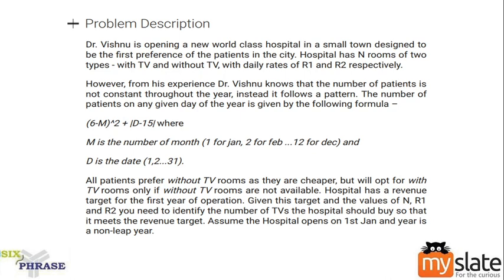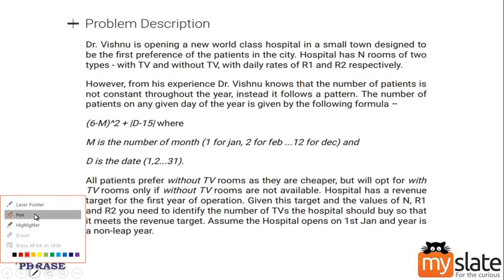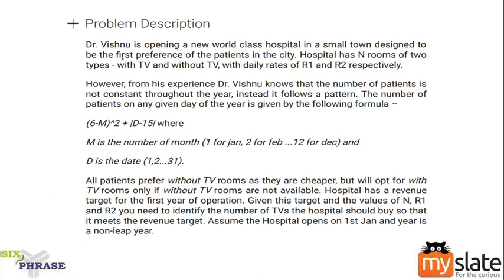Dr. Vishnu is opening a new world-class hospital in a small town, designed to be the first preference of patients in the city. So all the patients will have this hospital as their first preference. Now the hospital has n rooms. The n value will be given as input.